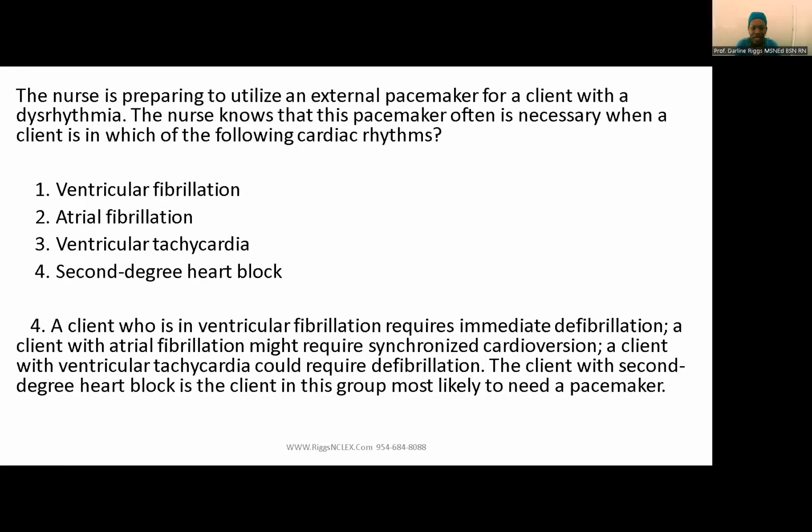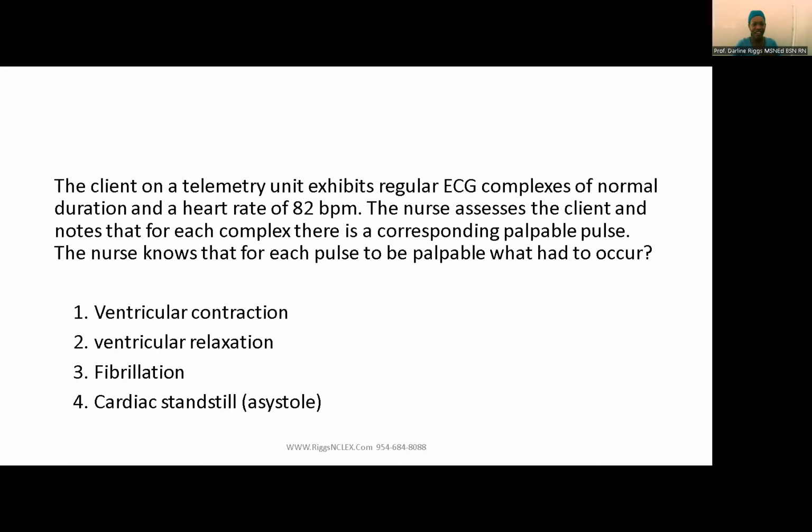Okay. VFib, VTAC, defibrillate. Okay. AFib, cardioversion. Nice.